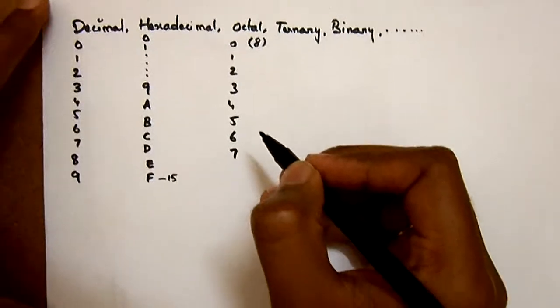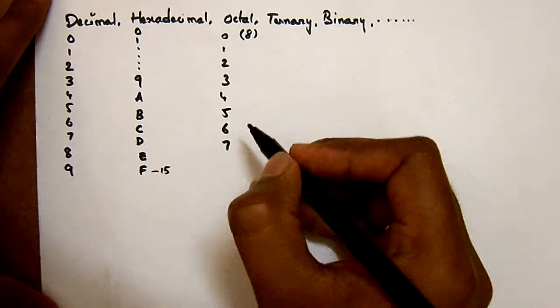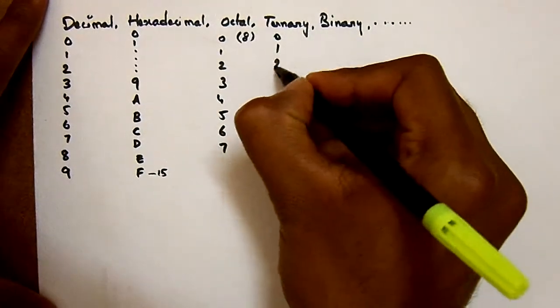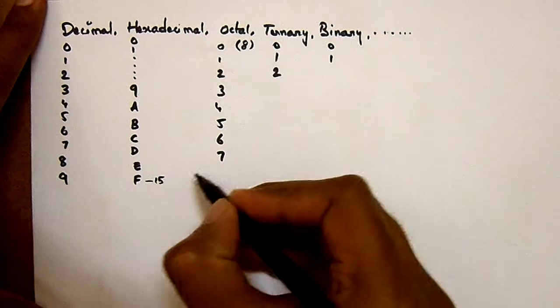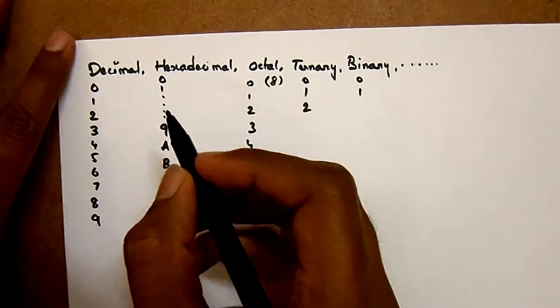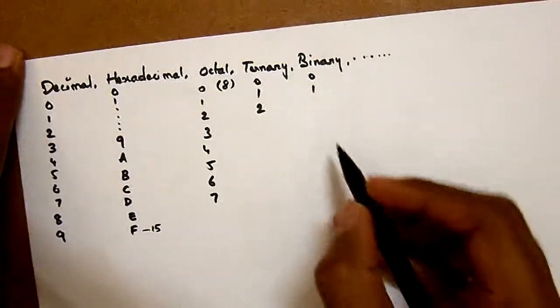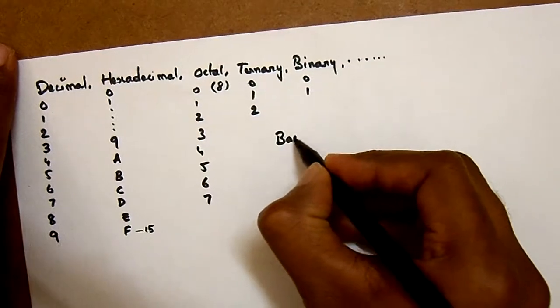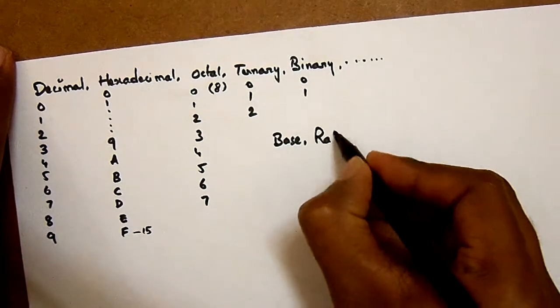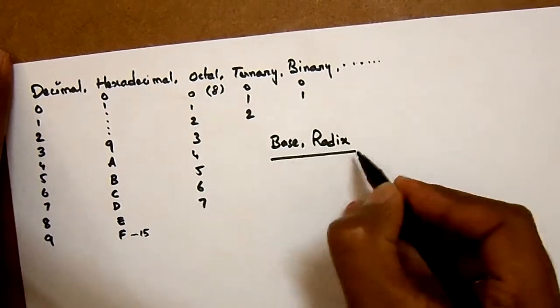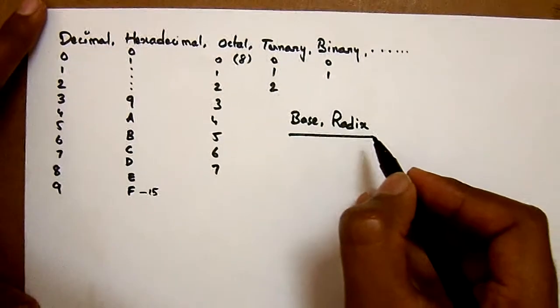Now let us go into more detail. What does a number system do and what does it have? So there is a base for every number system. Every number system has a base or a radix. What is a base or a radix?